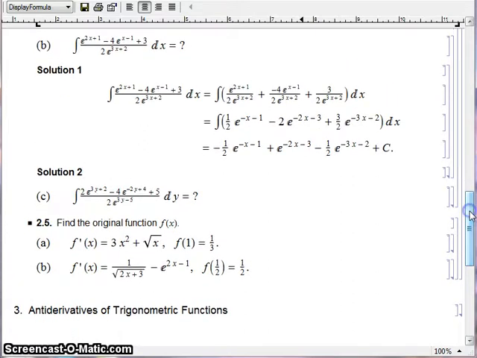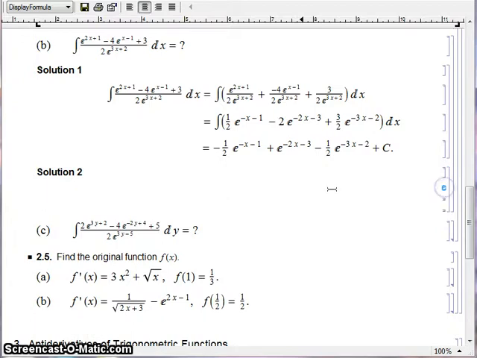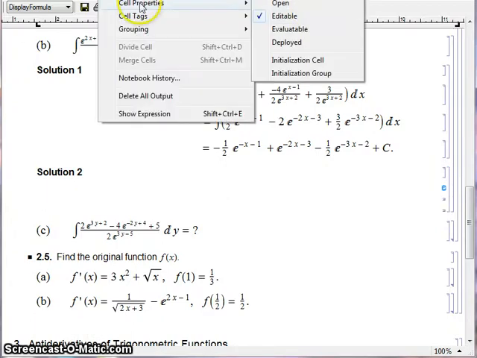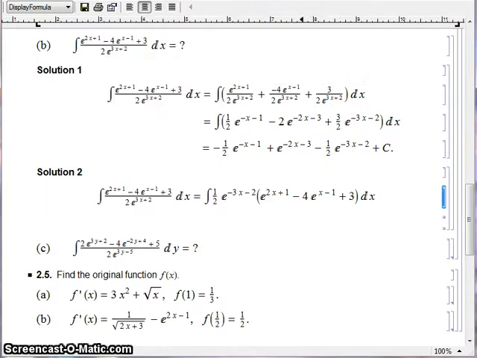That's solution number 1. How about solution number 2? I like solution number 2 a little bit better because I find it a little bit easier to do addition than subtraction. Here, instead of separating the numerator, I flipped the denominator over to the numerator by changing all the signs. So far so good.